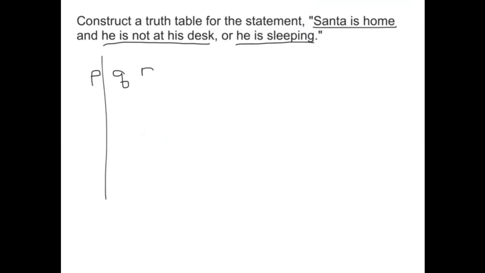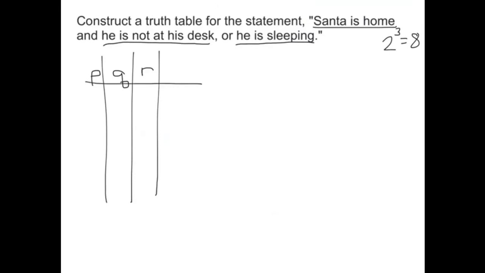Now see how we have 3 phrases in this problem? So if we take 2 and raise it to the 3rd power, there's going to be 8 possible ways to combine the trues and falses of 3 phrases. So I always do the P column first. If I need to come up with 8 different combinations, I'm going to need 4 trues and 4 falses.